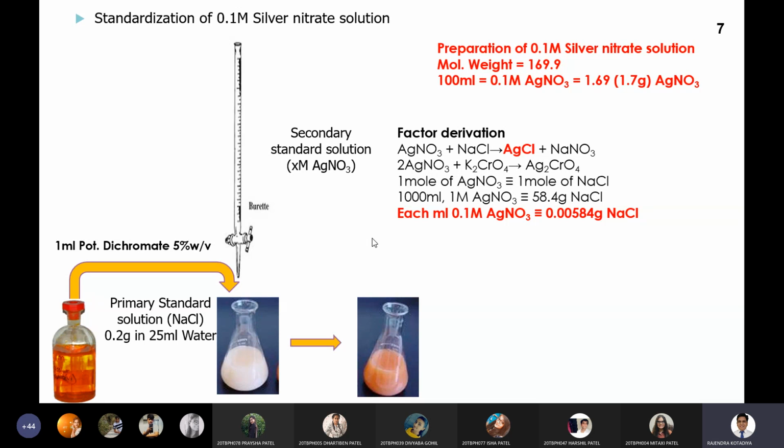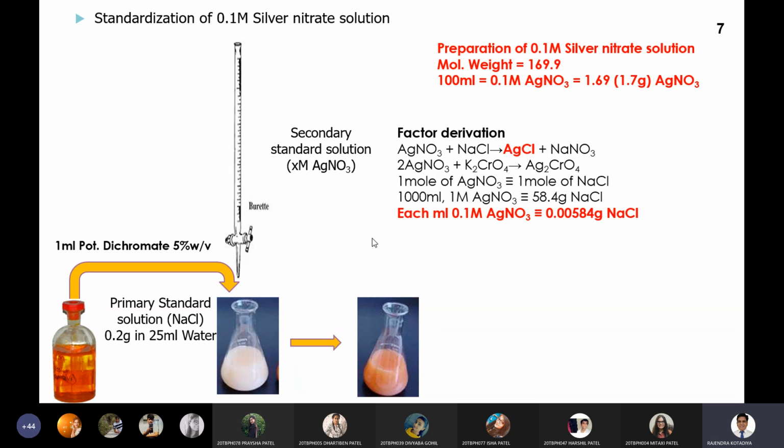So in this particular case, which was the primary standard? NaCl. Okay, so we will convert it into grams, and the secondary standard, silver nitrate, we will take in volumes. So it will be like this: 1000 ml of 1 molar AgNO3 is equivalent to, to convert moles into grams you multiply with the molecular weight, so it is 58.4 gram NaCl.